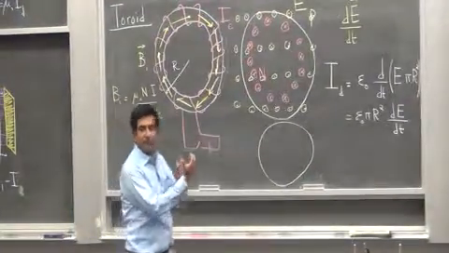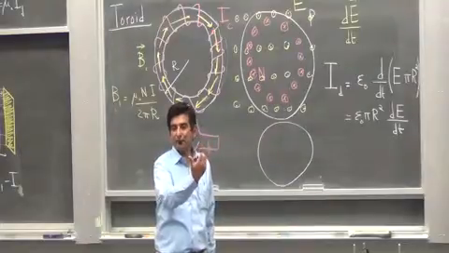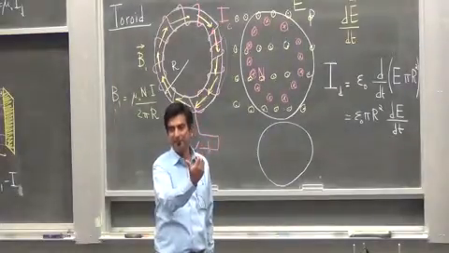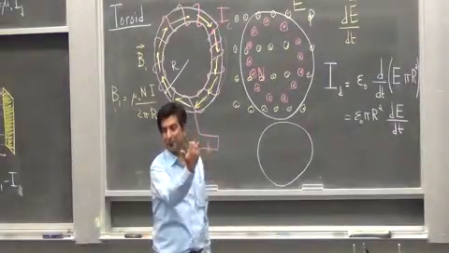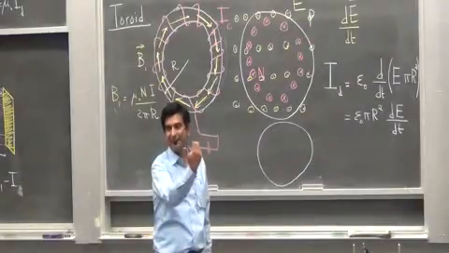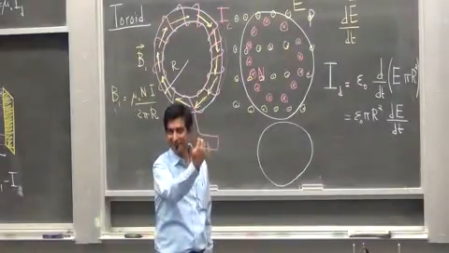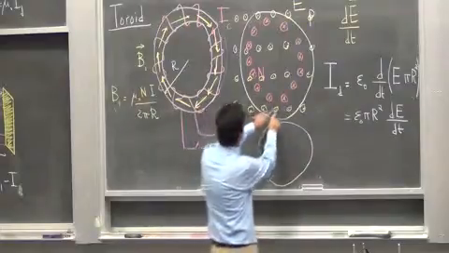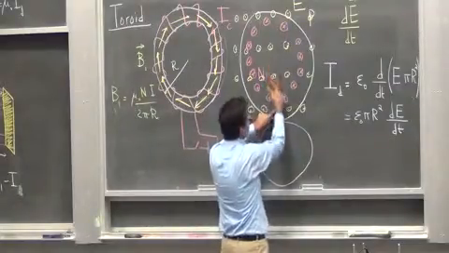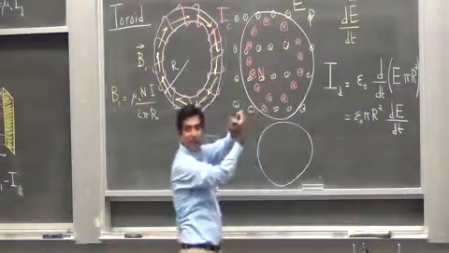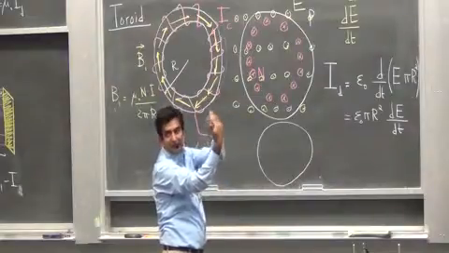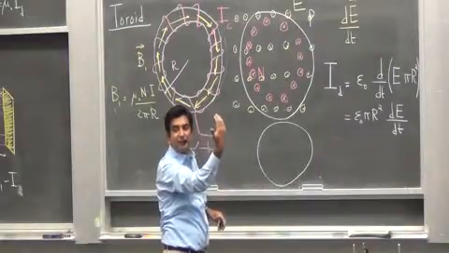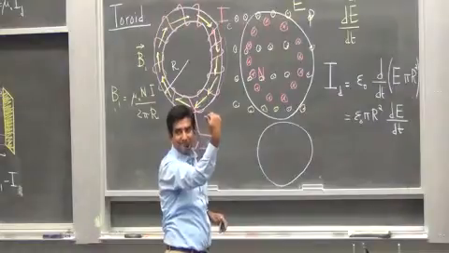So the rule that you would use here is actually a right-hand rule of thumb. If your thumb points in the direction of dE by dt, and dE by dt is coming out, because this electric field is coming out and it's increasing coming out, so my thumb has to point out. Now these fingers wrap in the direction of the magnetic field.